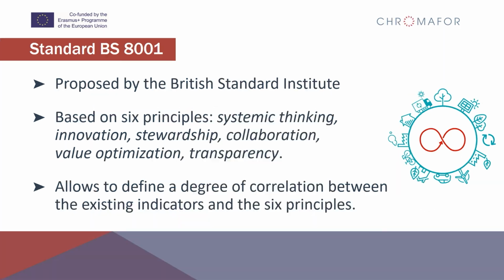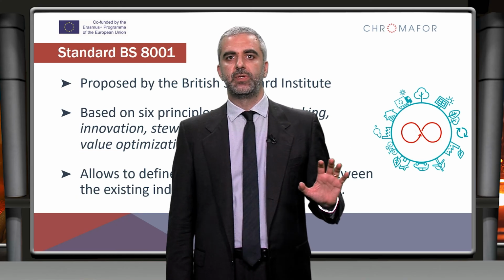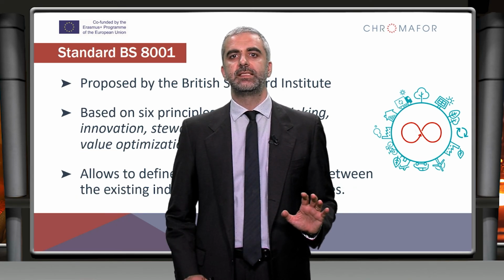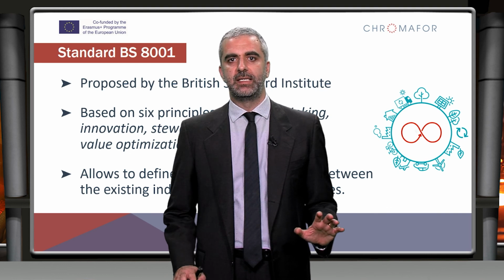The standard allows defining a degree of correlation between the existing indicators and the 6 principles. So the idea is to connect the circular economy indicators with the 6 principles defined by the standard.